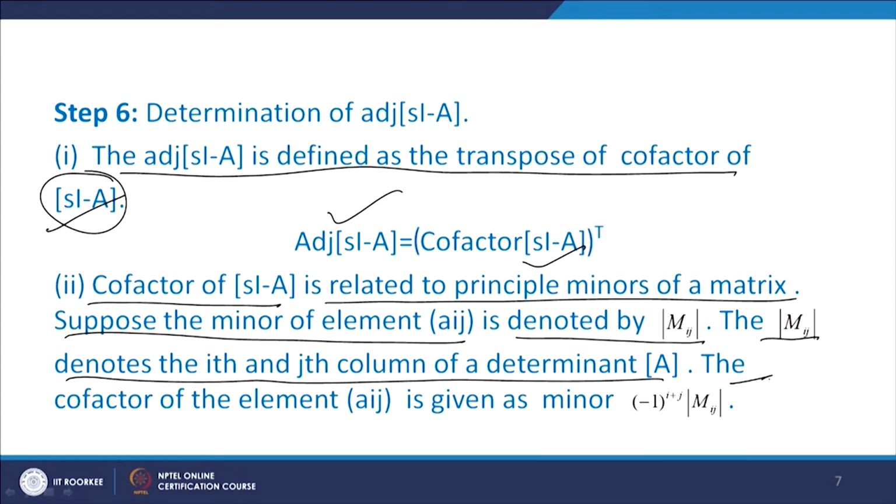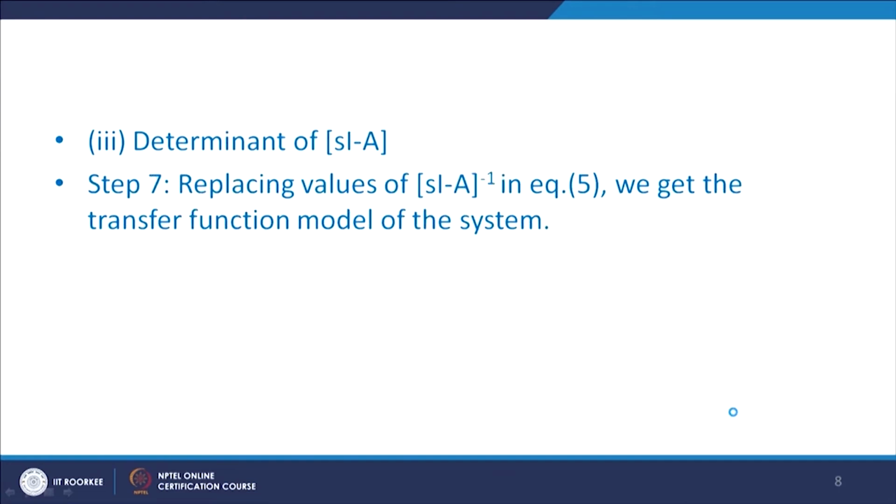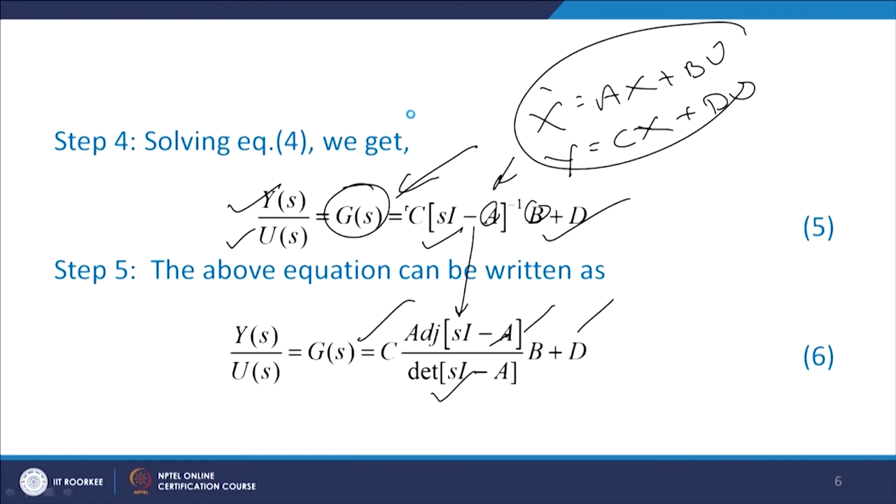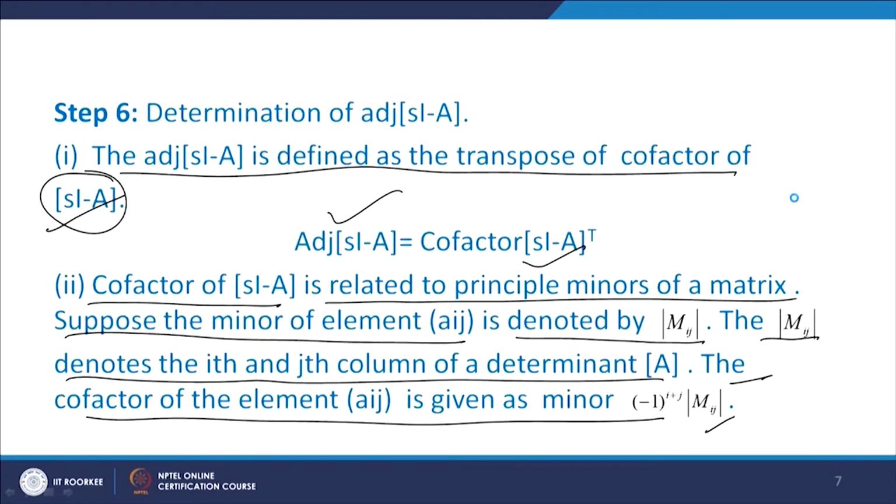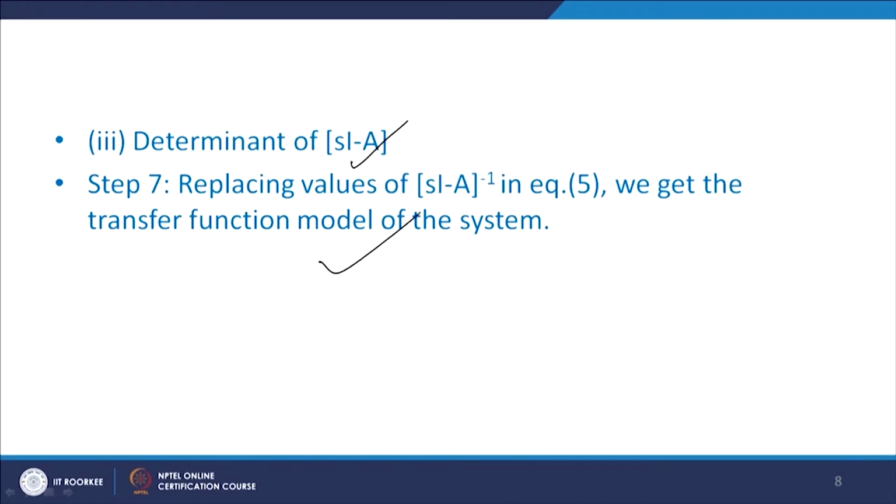The cofactor of the element aij is given as (-1) raised to i plus j times mij. Then we have to calculate the determinant of (sI - A), and finally the last step: replacing the value of (sI - A) inverse in equation 5, we get the transfer function model of the system. That is, the main purpose is to calculate the adjoint and also the determinant.